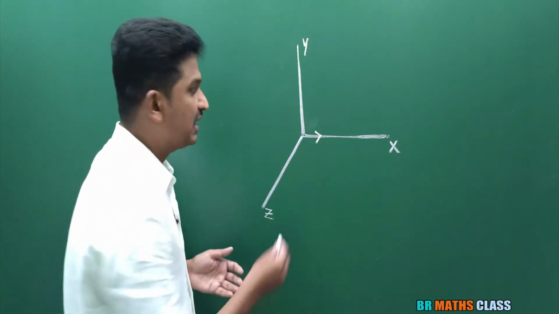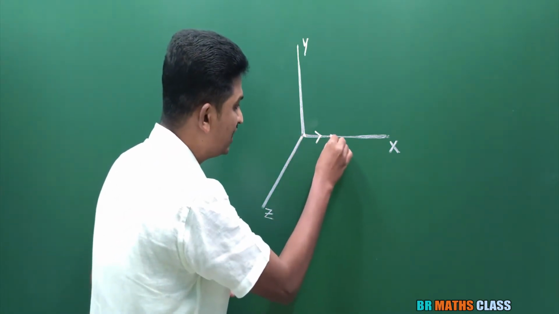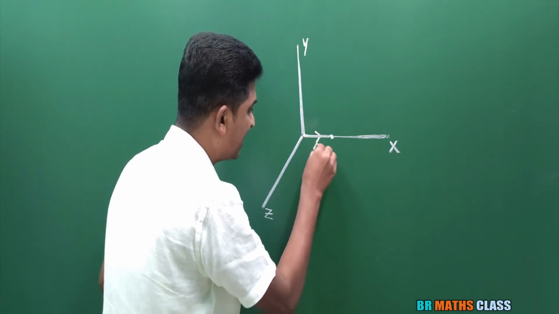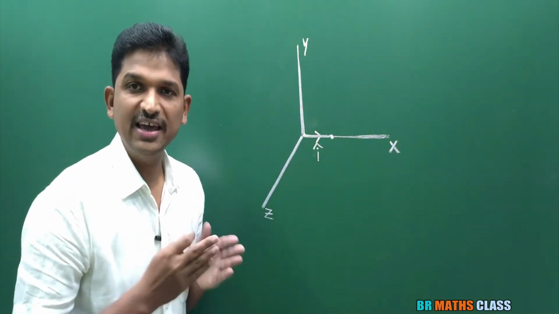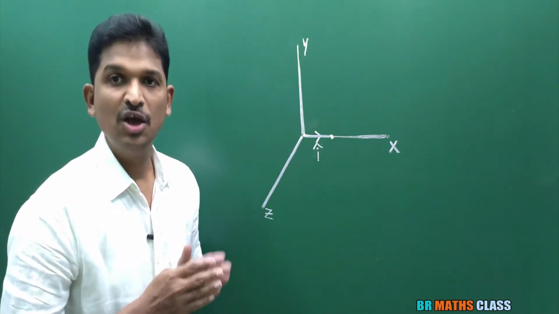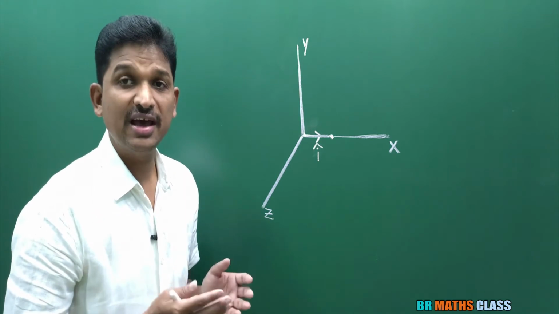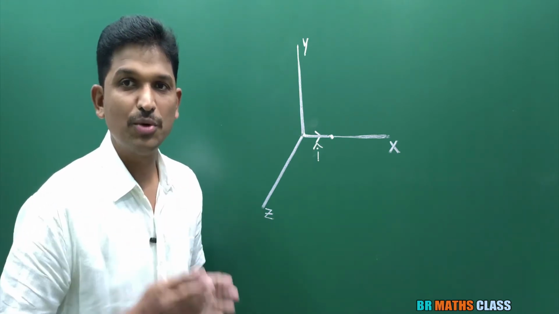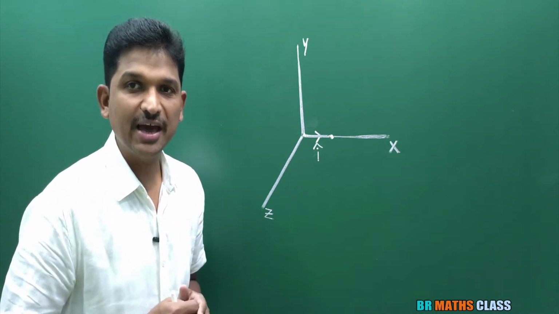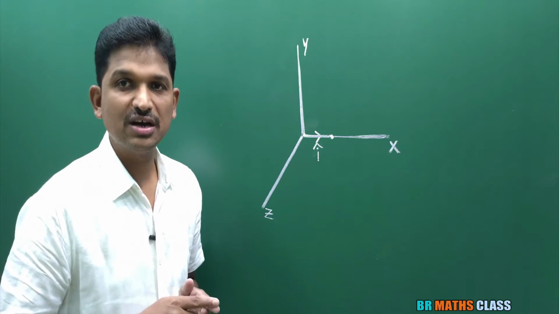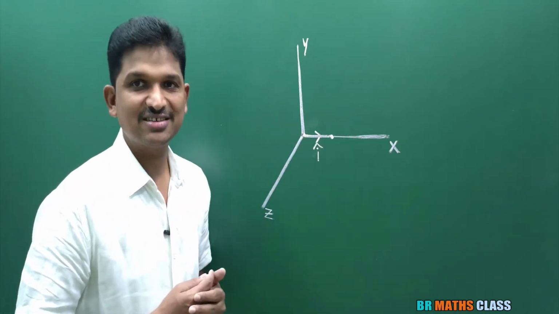As it is a unit vector, its magnitude is 1 unit. What is the magnitude of i cap? It is 1. From now onwards, whenever you see i cap, you need to memorize this point: i cap is a unit vector along the direction of x-axis.